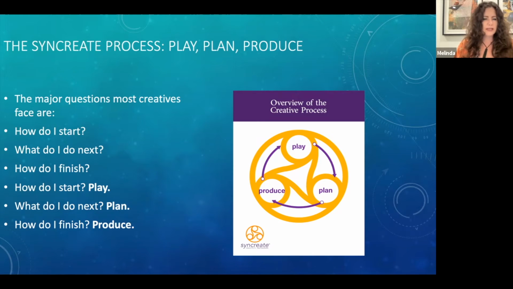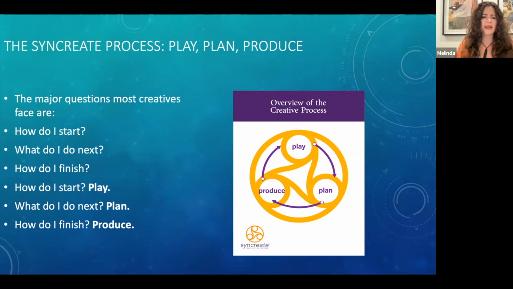What we've realized over the years is that there are certain questions that most creatives face at some point in the journey. It could be, where do I start? What do I do next? And how do I finish? Our answers to those questions: how do I start? The answer is play. Play has to do with ideation.